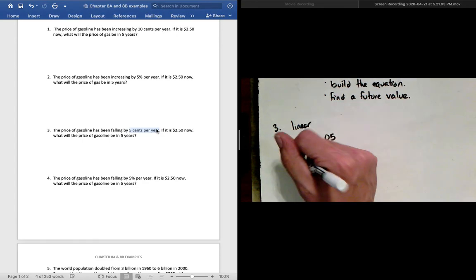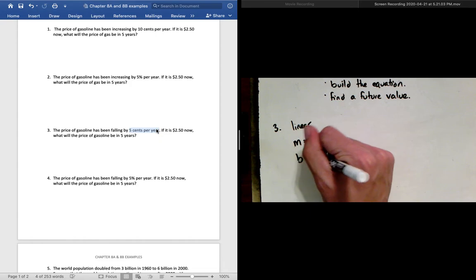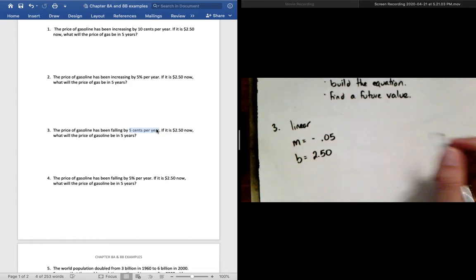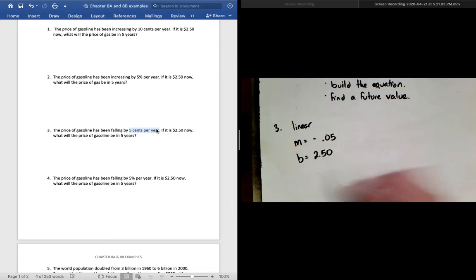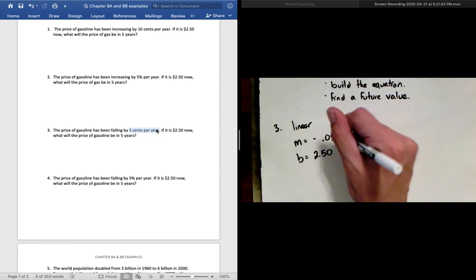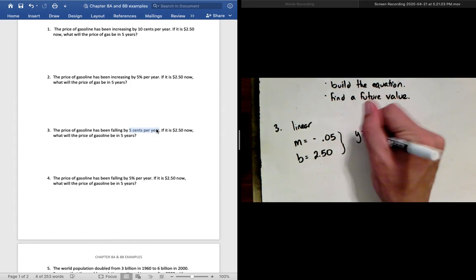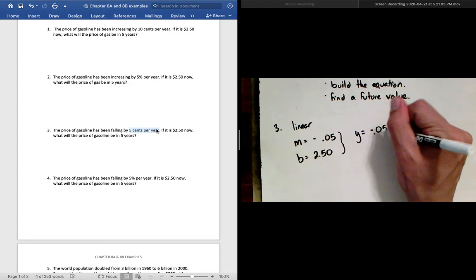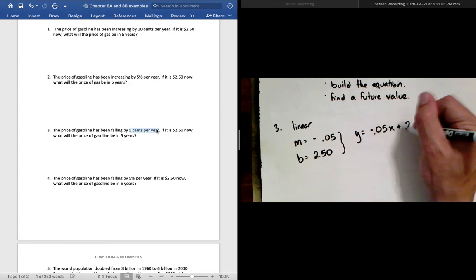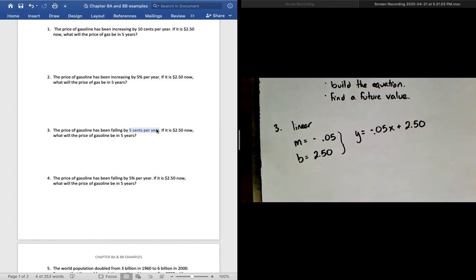Our B value is still the same. It's still $2.50 at the start. We want to know what's the price of gas in 5 years. We should expect it, because it's falling, to be less than $2.50. Our linear equation is going to be y equals negative 0.05x plus 250. We plug in our time. X is going to be 5.